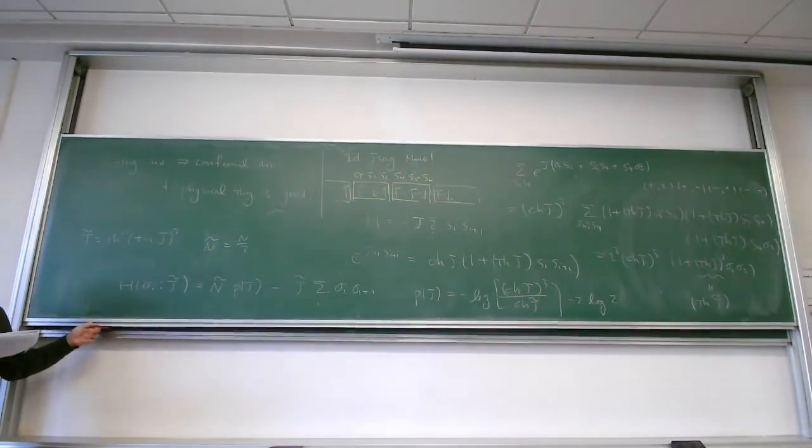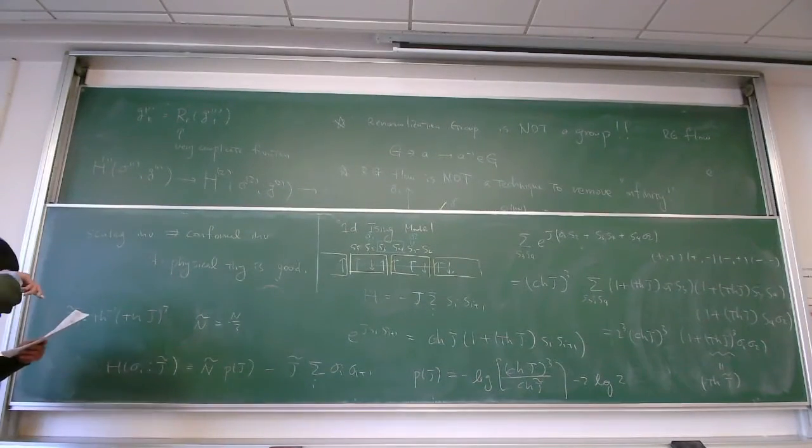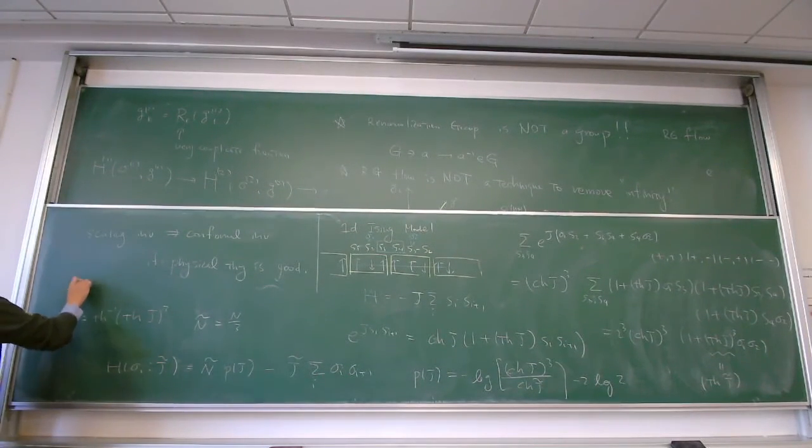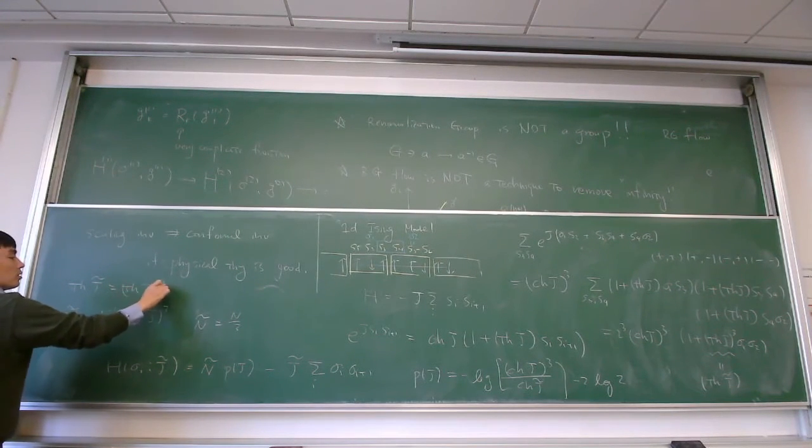Okay. And where's the fixed point? The fixed point is, of course, where tanh J tilde is equal to tanh JQ. Okay.